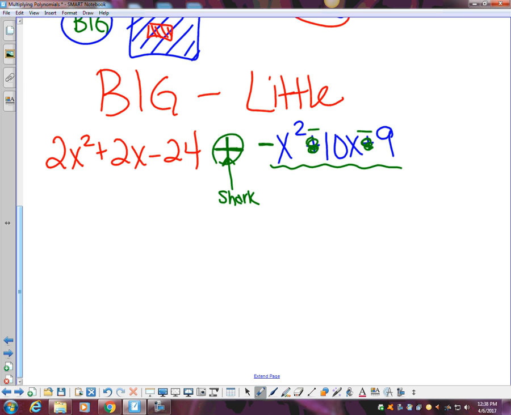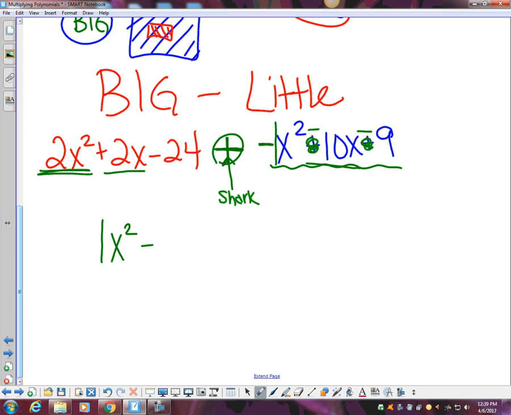Okay, now I'm just going to add my like terms. This is a 2x squared, and I'm going to put a 1 here just to help me. 2x squared and a negative 1x squared. Well, 2 minus 1 is 1, so that's a 1x squared. Then I have a positive 2x and a negative 10x. Watch your signs.